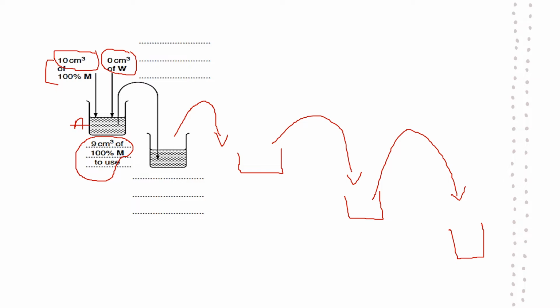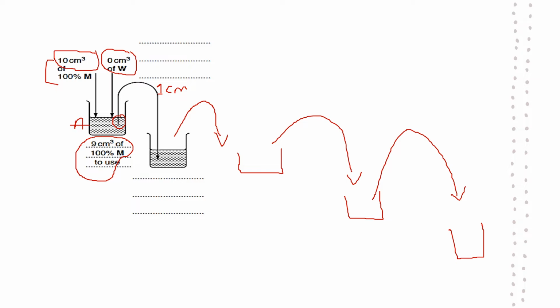Now look at this here. It says 10 cubic centimeters of 100% M and 0 cubic centimeters of water have been added. And then they say 9 cubic centimeters of 100% M is left to use. What that tells you is that they have taken 1 cubic centimeter from this over here, 1 cubic centimeter from that, you can see the arrow there, to add to the next one.